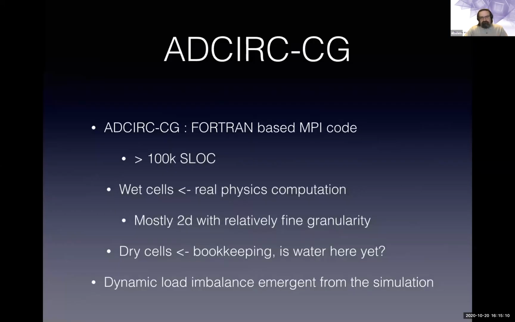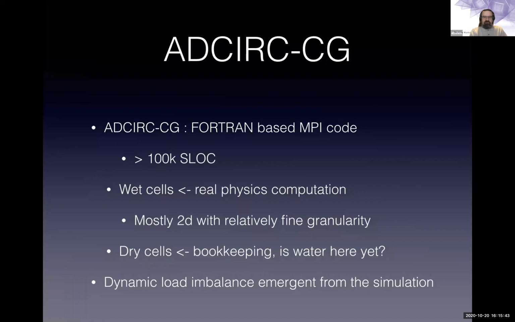So we look at ADCIRC-CG as a software target. It is a Fortran-based MPI code, mature, a lot of features, over 100K lines of code in total, most of those in Fortran. And as an application, as previously described, it essentially has two forms of cells that we're looking at: the wet cells, which have different kinds of real physics depending on the cell.